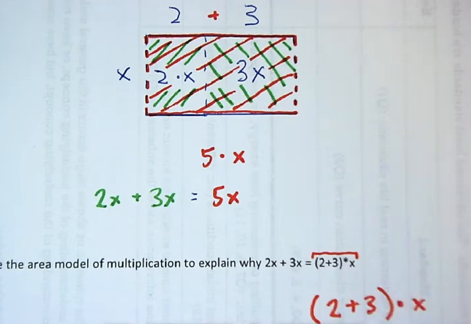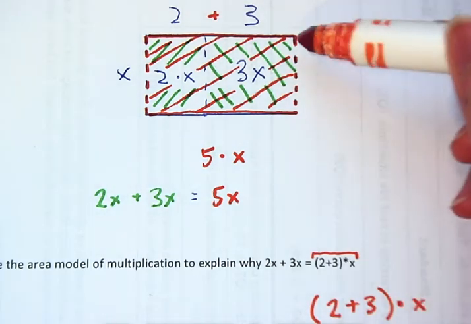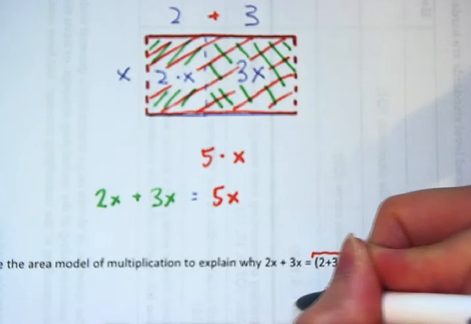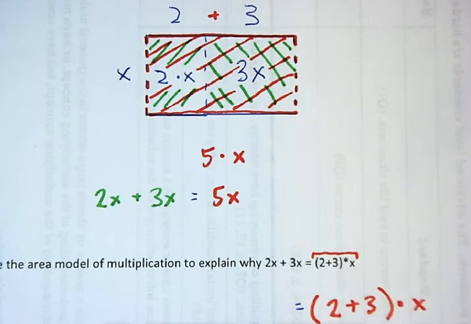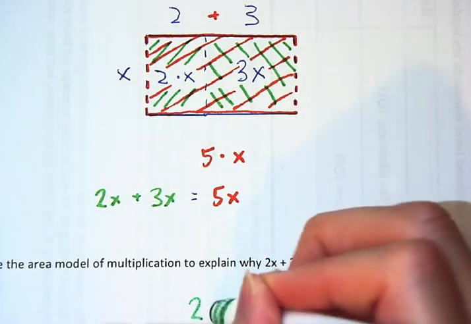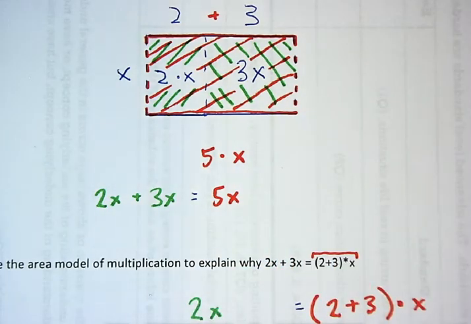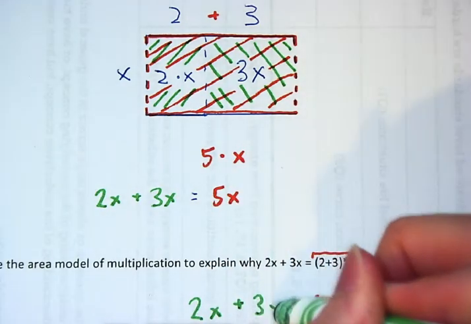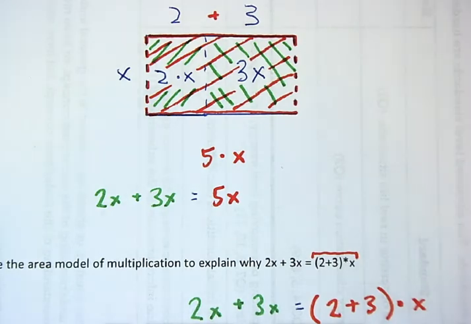So times x. So the area of the orange is represented here. And once again, the orange area is equal to the green area, which is 2 times x for the left box, combined with 3 times x for the right box. So this and this are equal.